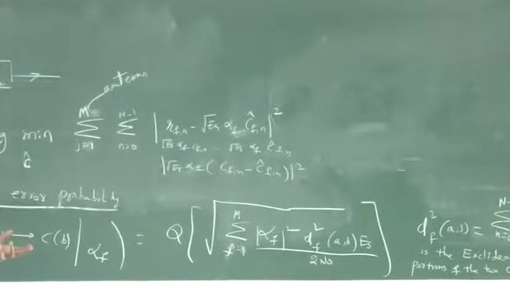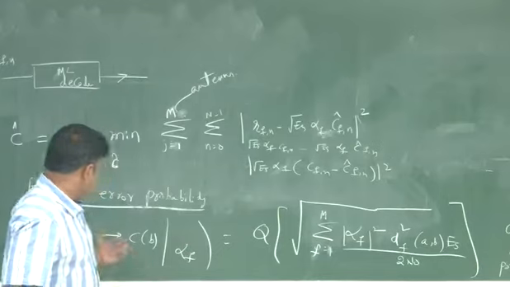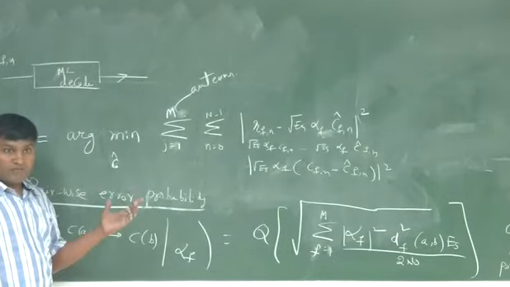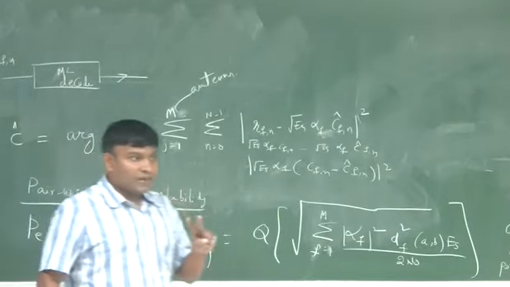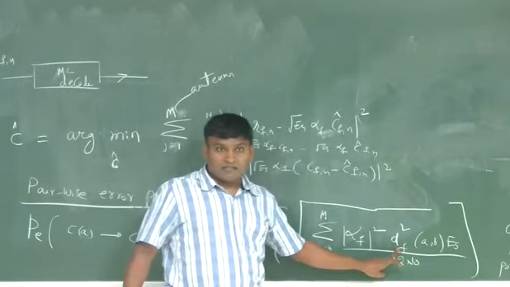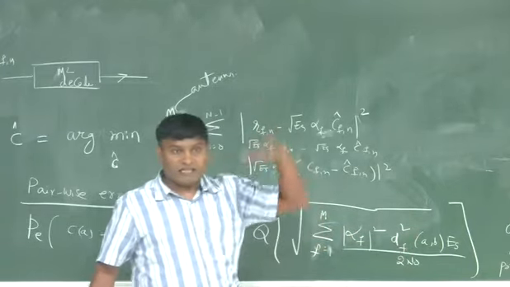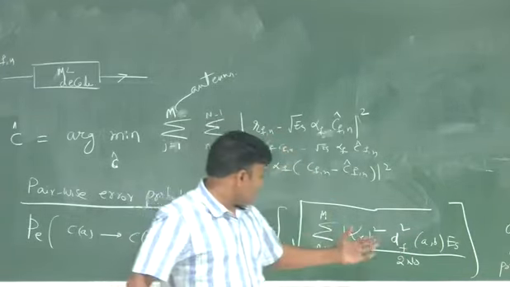Now there are many such events, right? There are many events. How many pairs are there? There are a number of pairs, and we choose the one pair that gives you the least distance, that will dominate the probability of error. Which one dominates?